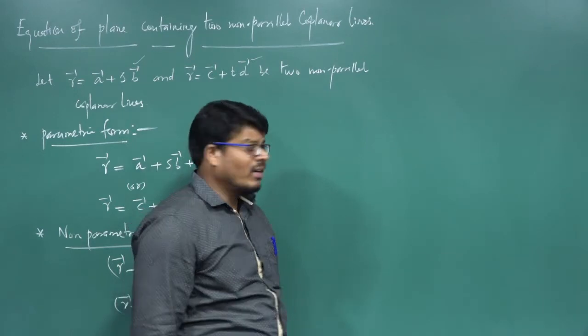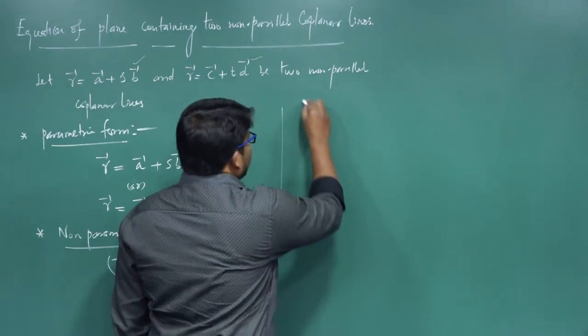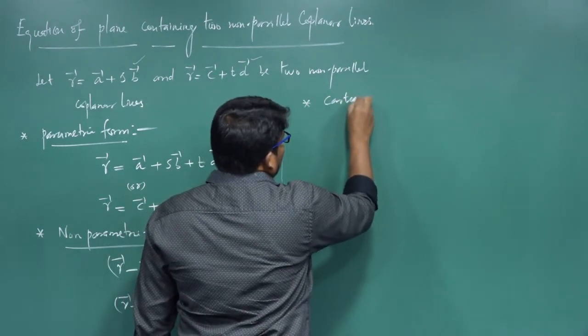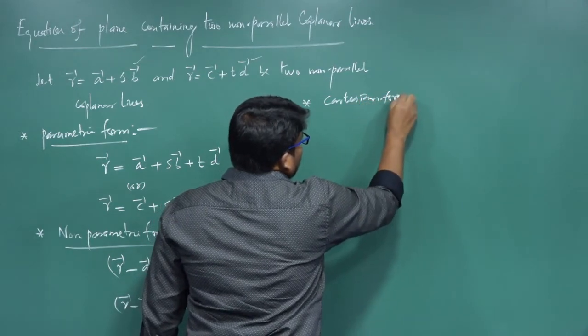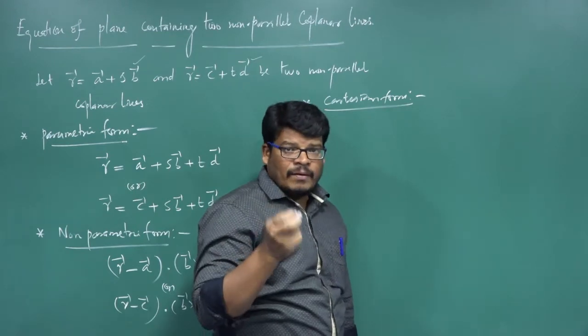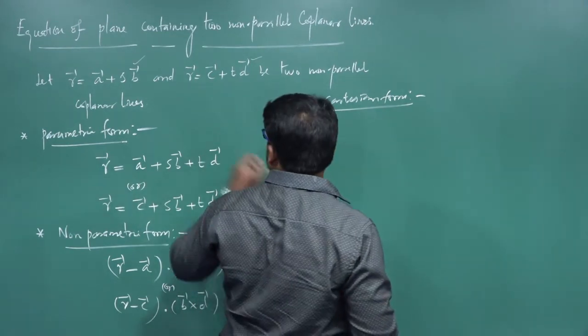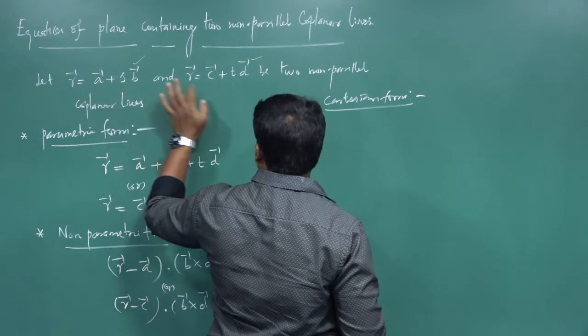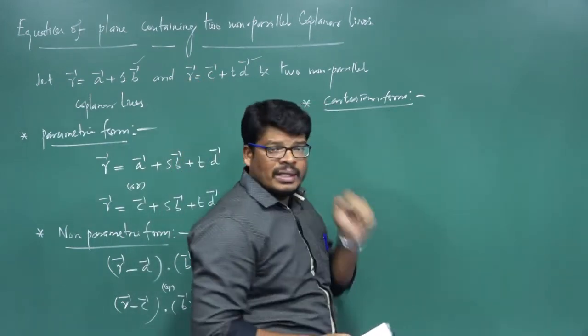Next, to find the Cartesian form of the equation of the plane. Taking the first point, here the point a is x1, y1, z1 and the point c is x2, y2, z2.